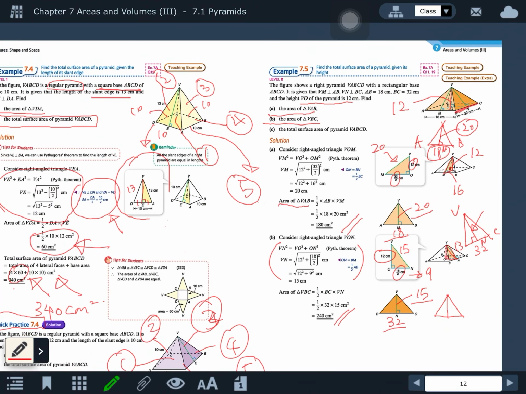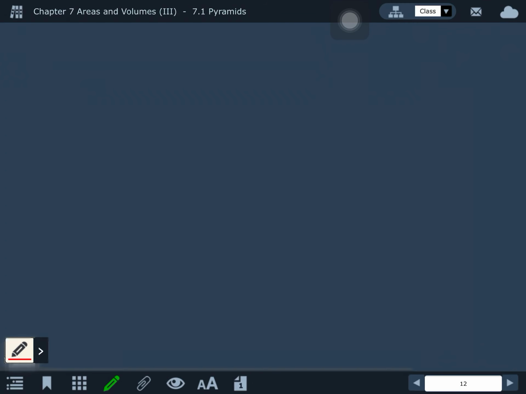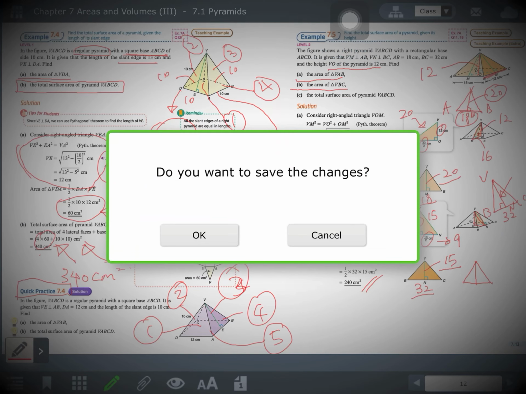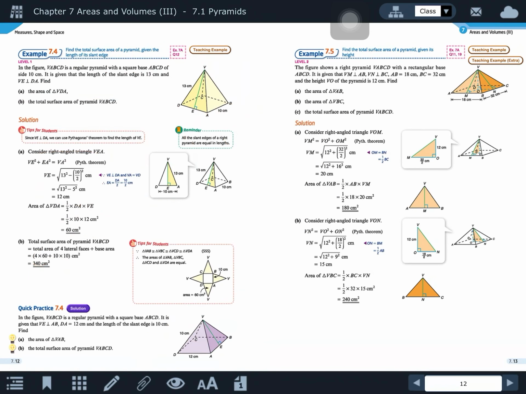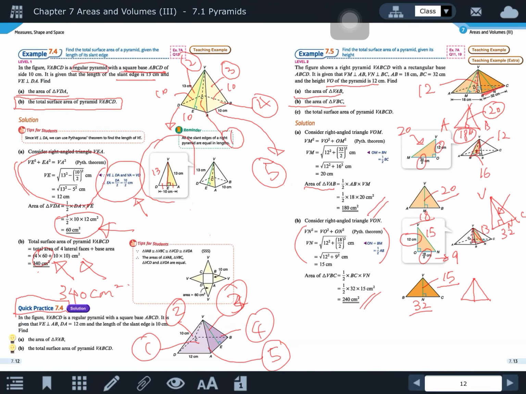Okay, finally we find the total surface area, part C. We just draw it here. This pyramid consists of 5 faces.